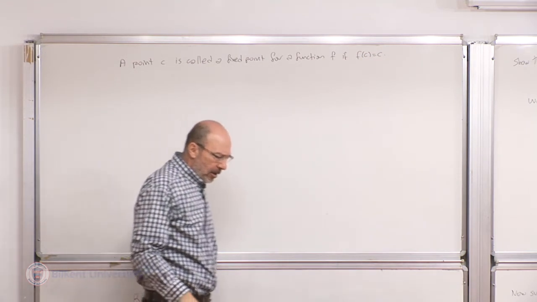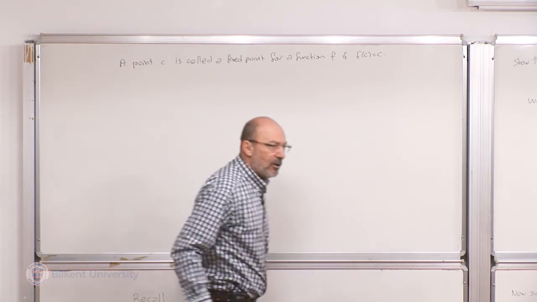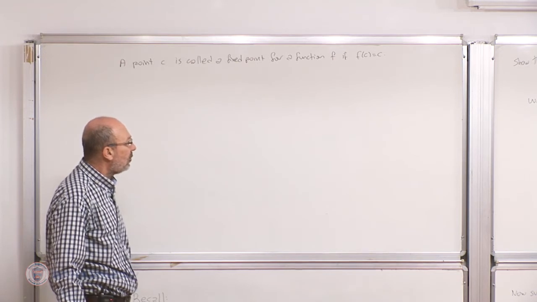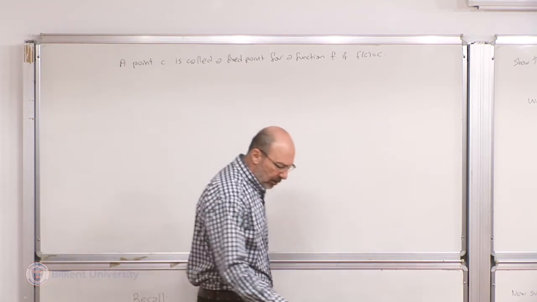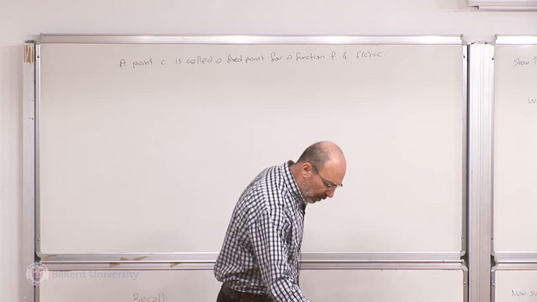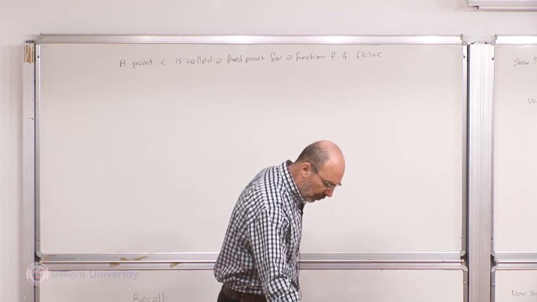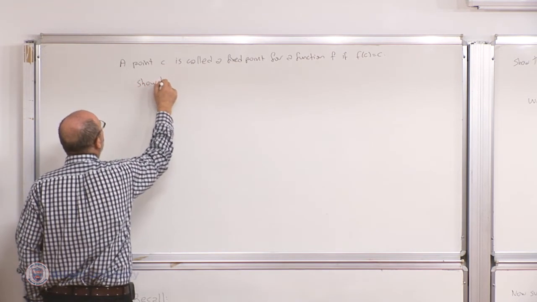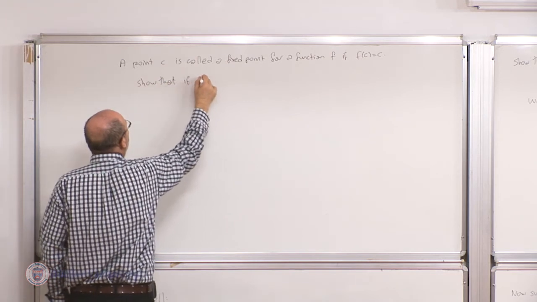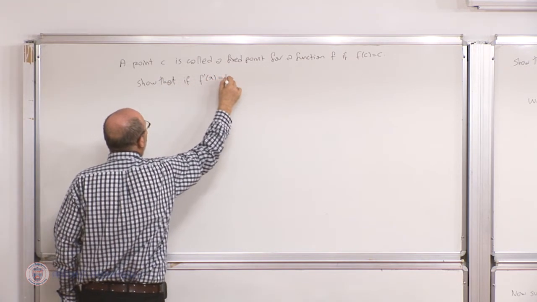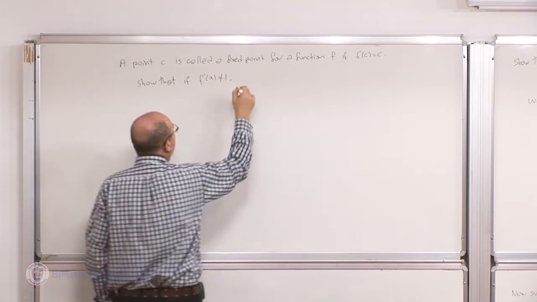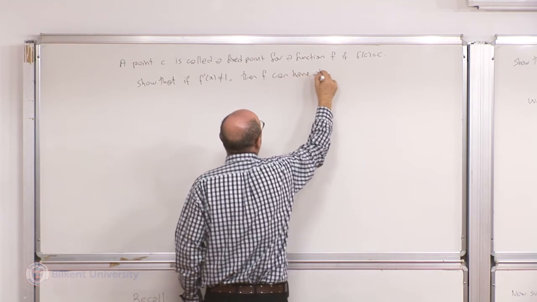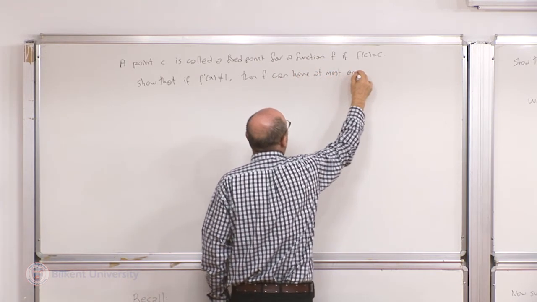Some functions have fixed points, some functions don't have fixed points. Show that if f prime of x is never 1, then f can have at most one fixed point.